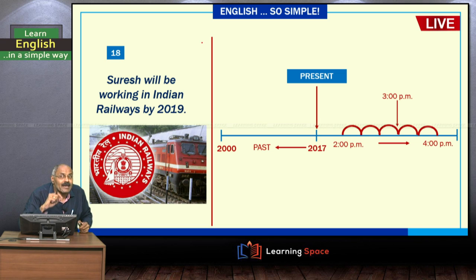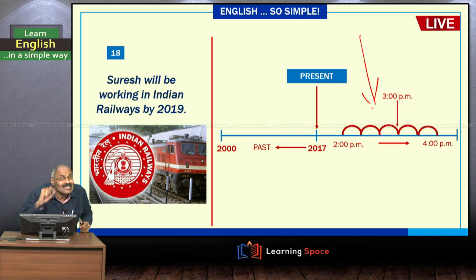Suresh will be working in Indian Railways by 2019. So, here the important point is "Suresh will have been working in Indian Railways by 2019". You have to see this analogy, that means it indicates some continuous future action, not momentary action.